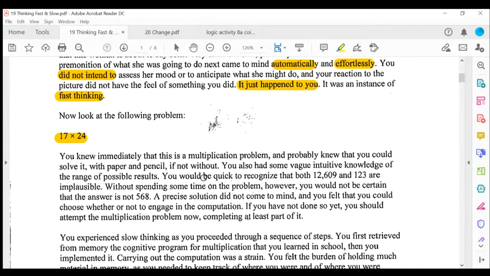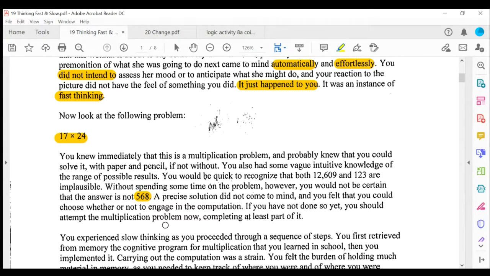Okay, cool. You had some vague intuitive knowledge of the range of possible answers, right? You might think that 12,000 is too big an answer for this one, and 123 is probably too small an answer for this one. But until you really looked into it without spending time on the problem, you wouldn't be certain that the answer is not 568.